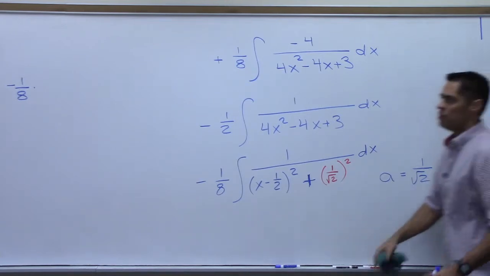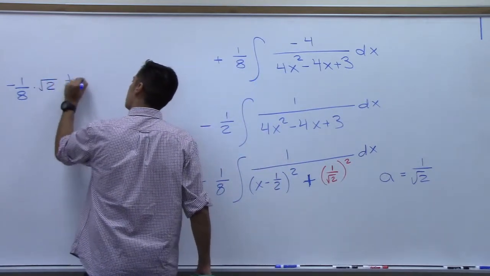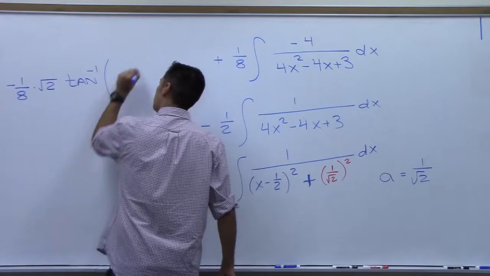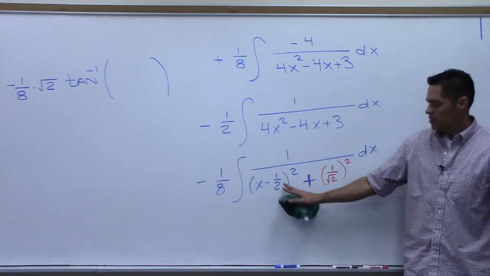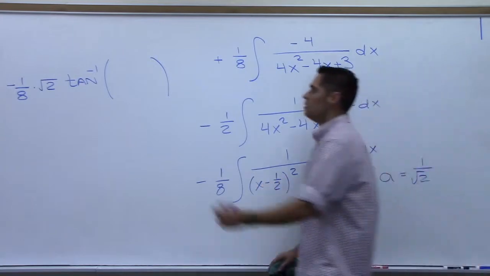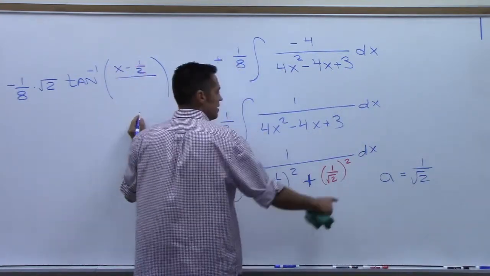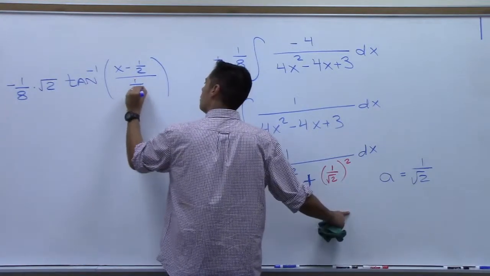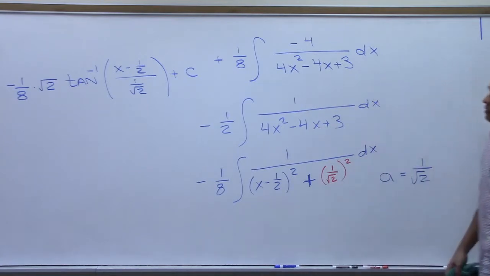Flip it over, just root 2. This is 1 over a, arctangent of our u. What's our u? Our u is the x minus 1/2 over a, and a is 1 over root 2, plus c. If you give me that on the test, I'll be happy.